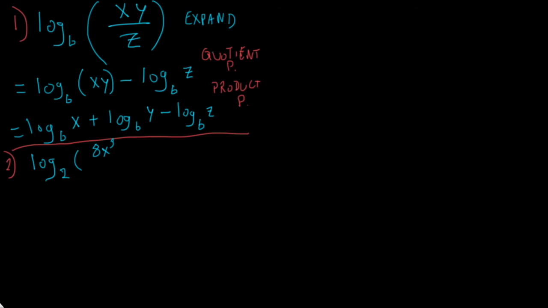I'm going to write that a little neater. 8x cubed over 2y. Okay, so see if you can expand that on your own. And also just make note of the properties that you're using as you do it.